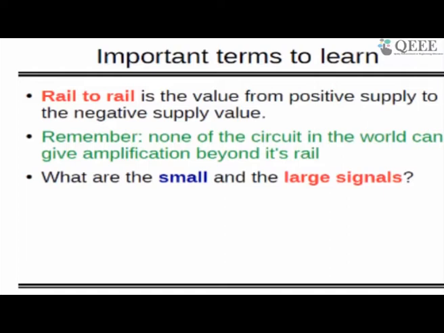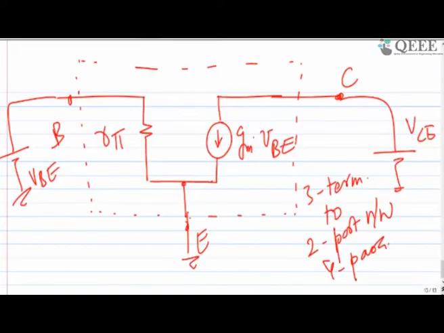So there is one word called rail. Rail is the supply voltage. If it is rail to rail, I'm talking about the positive rail, meaning positive supply, and the negative supply. Remember that whenever there is a supply, I'm going to make one symbol like this.